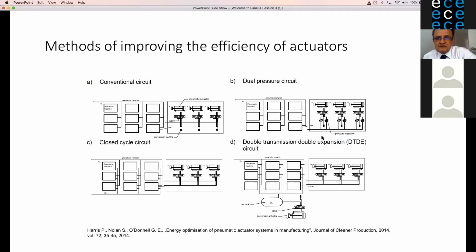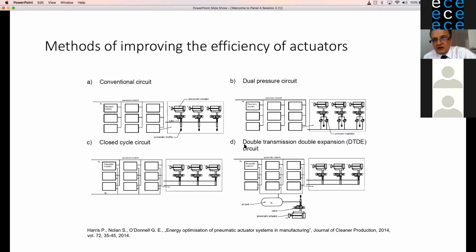If we focus on this, this is our method which we introduced to the existing literature. As I told before, we introduce a small amount of back pressure, and this enables us to store this energy and afterwards utilize it in the second stage.